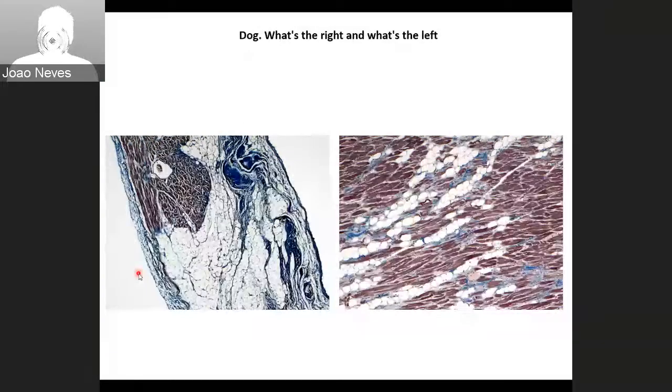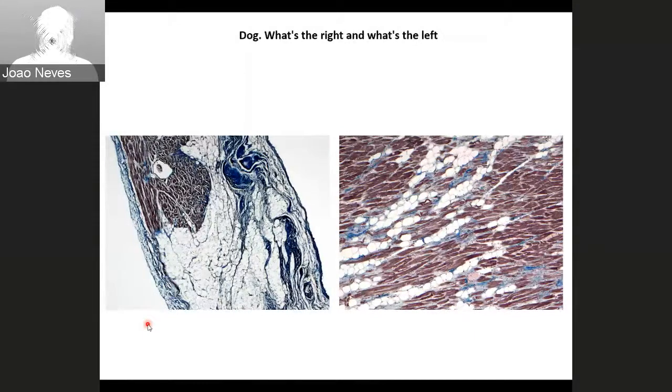I think probably Claudia knows better than me, but I think Irish wolfhounds can get these changes with the DCM phenotype clinically, and then on histopathology, they can get this fibrofatty as well. I think it was a paper published by her. In the atria, and the ventricles as well?